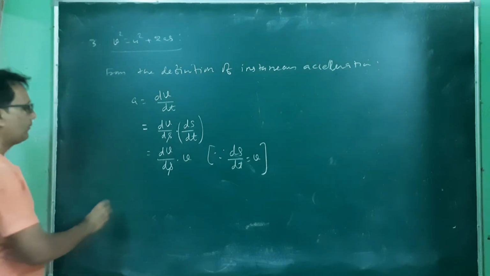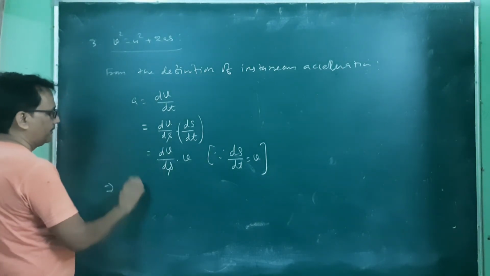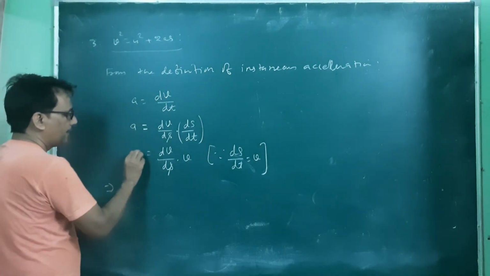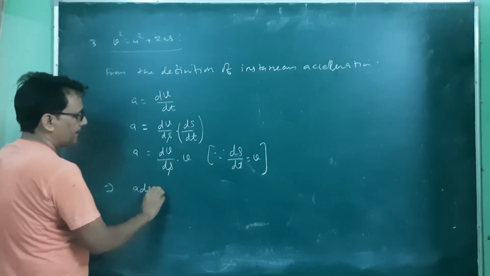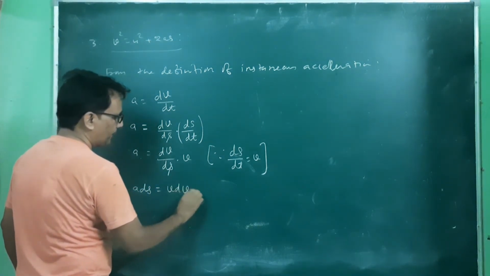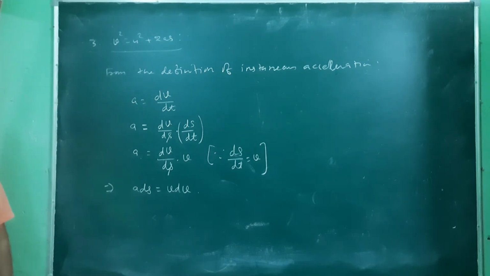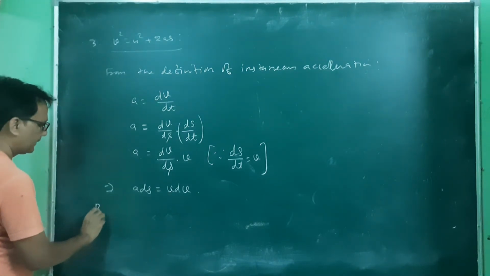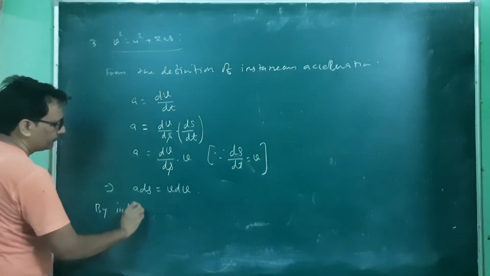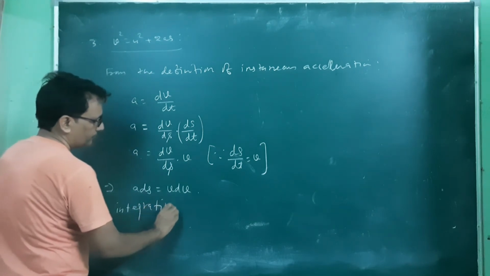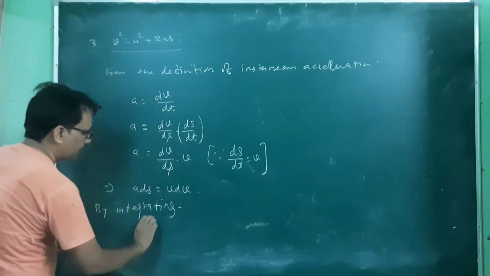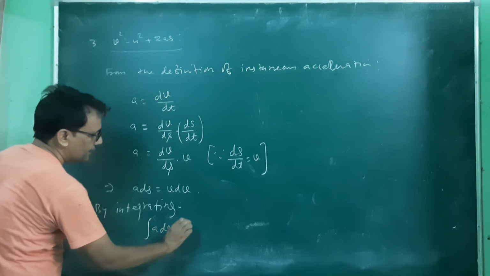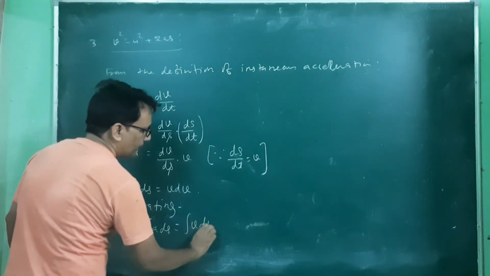Okay, now we will solve it. So a ds is equivalent to v dv. Now we will integrate it. So by integrating, the integration of a ds is equal to the integration of v dv.